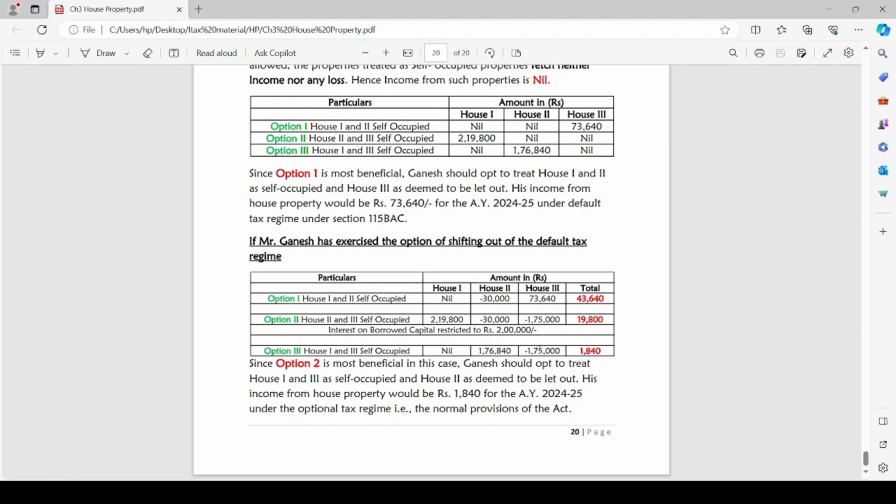After setting off these amounts, we are getting the income from the head house property as rupees 1,840 under option 3. Out of these 3, option 3 is beneficial.